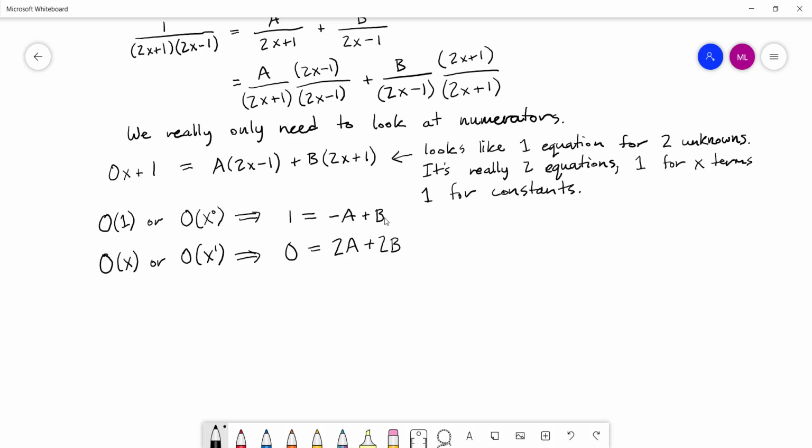But we have a substitution method where I can solve one of the equations for one variable and plug that into the other equation. Or we have the elimination method, where I can try to combine the two equations together in some way, basically add this one and this one in some manner to eliminate a term. And in this case, it's kind of six of one, half a dozen of the other, whatever your preference is.